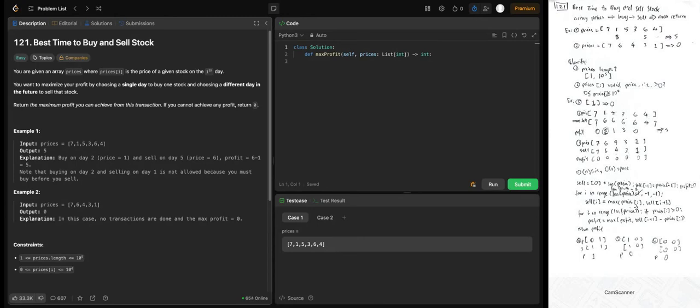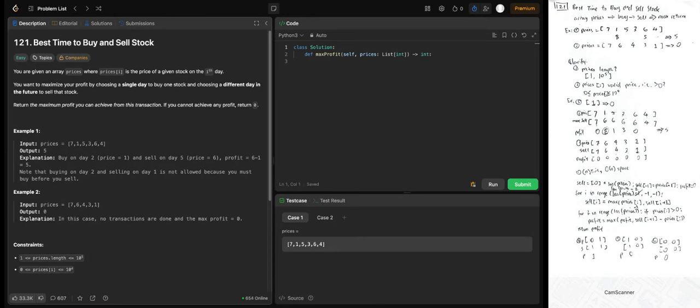Then in the second for loop, I'm gonna check the maximum profit if I buy at that time. So the maximum profit will be sell[i+1] minus prices of the current day. Then I take the maximum of profit with the current profit.